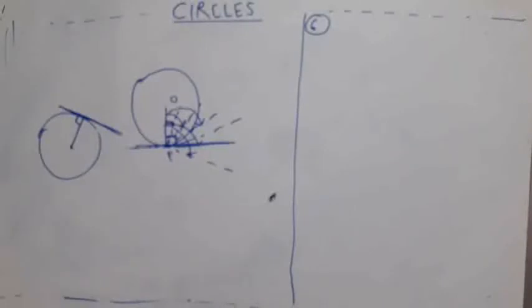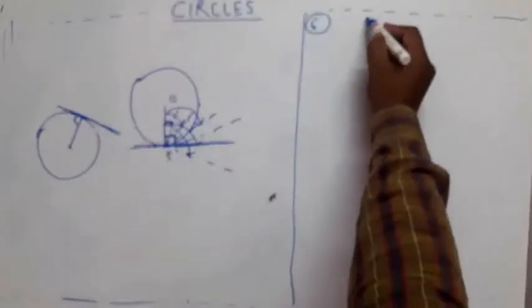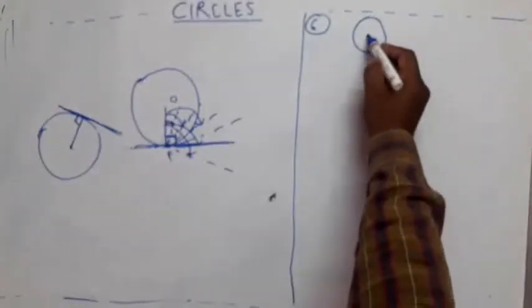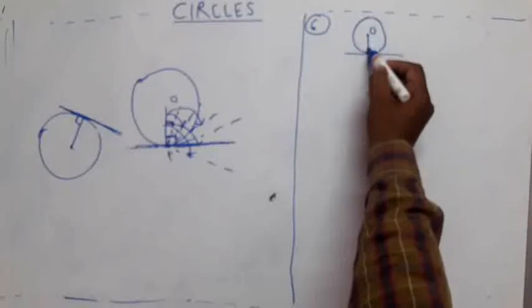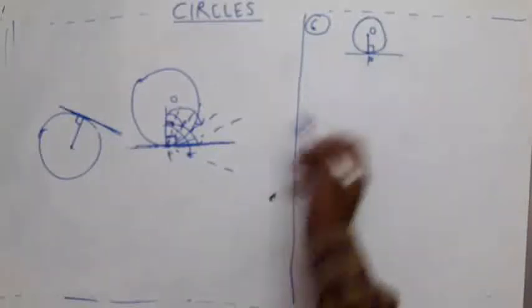That is true also. It is a theorem, there is a proof. For proof, you refer to the textbook. So, what we need to know here is a very important point. For a circle, if you draw a tangent at a point P, that will be perpendicular to the radius.